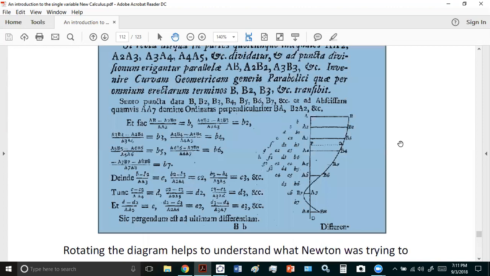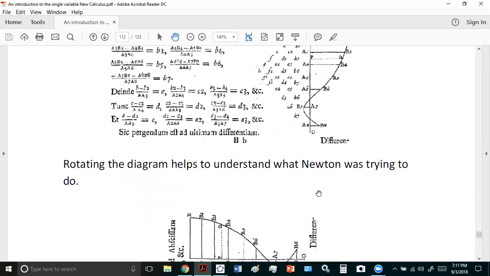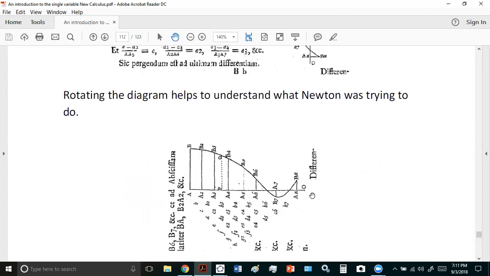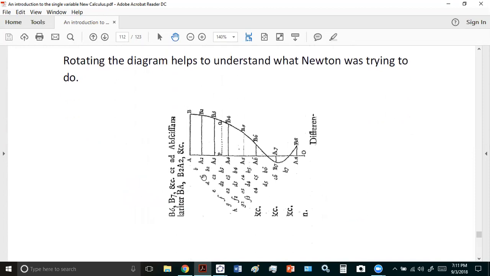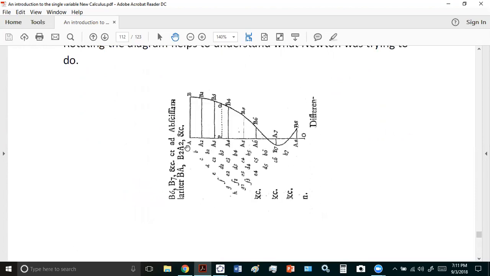And in this proposition, he constructs a little diagram here on the side, which is a little deceptive because it's actually a graph, and it makes more sense if you rotate the diagram like I've done here, so that you can get a better idea of what it says. And so all he does is he takes fixed x coordinates, equal lengths, and then he takes the midpoints, and he calculates finite differences using these ordinates and this distance here.